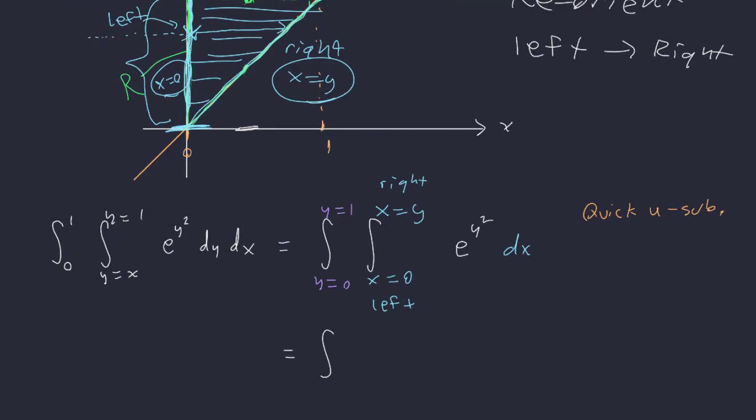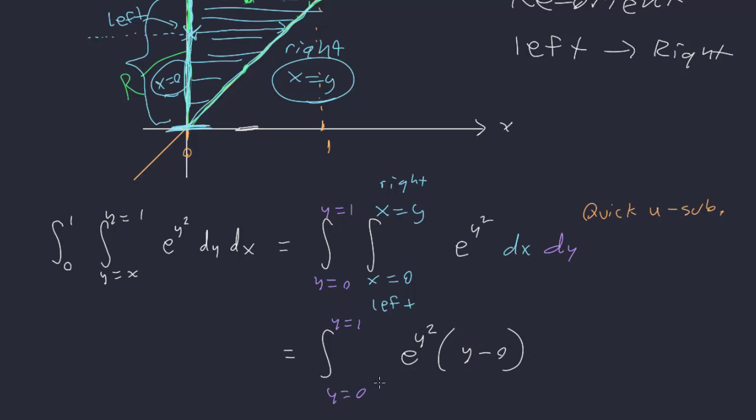But yeah, from here, since it's just an x integral on the inside, this is just a constant. And whenever we integrate a constant, it's really just that constant times the difference of the limits.